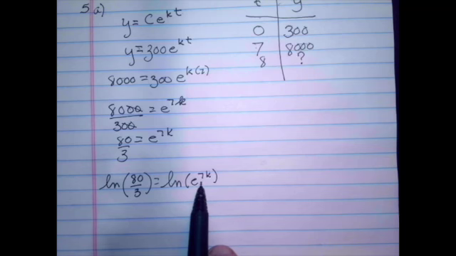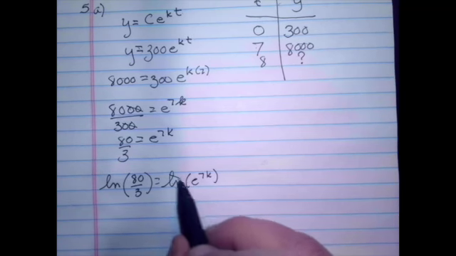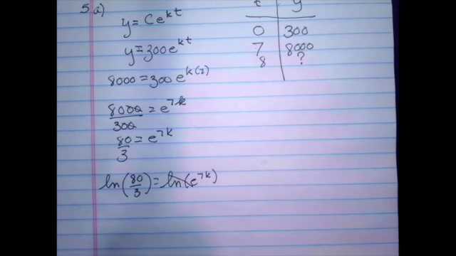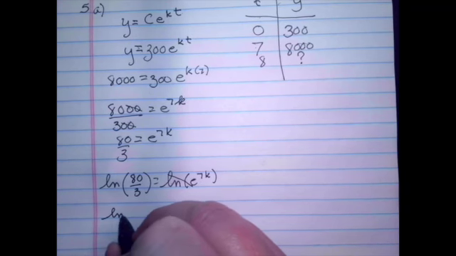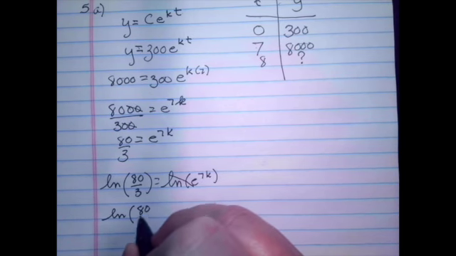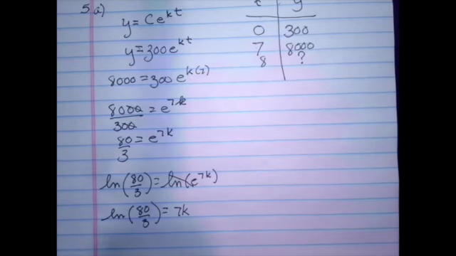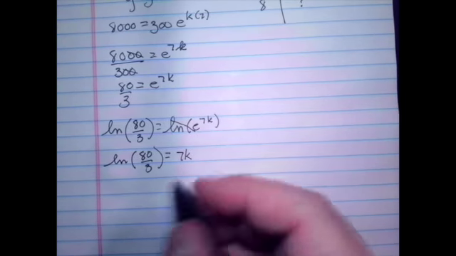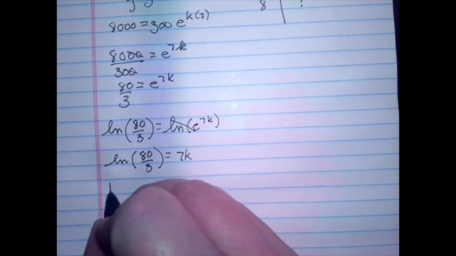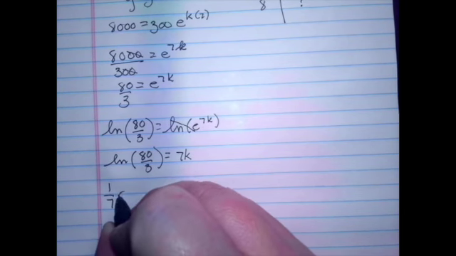When the natural log and e are in this formation, they cancel out. And so we get the natural log of 80 over 3 is equal to 7k. And now we can just divide each side by 7 or multiply by 1/7.